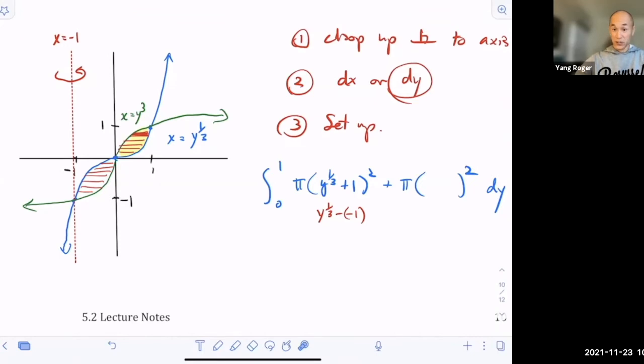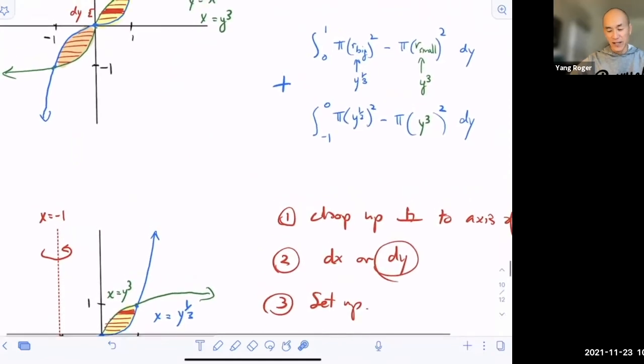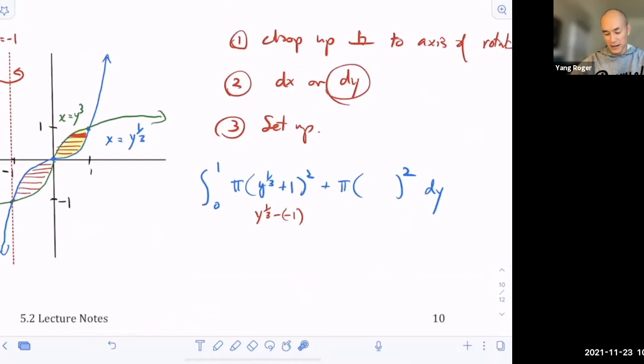I have a question from a student. Why is r big and r small added here when the other was subtracted again? If you're talking about this being subtracted right here, I haven't even filled in that part yet.